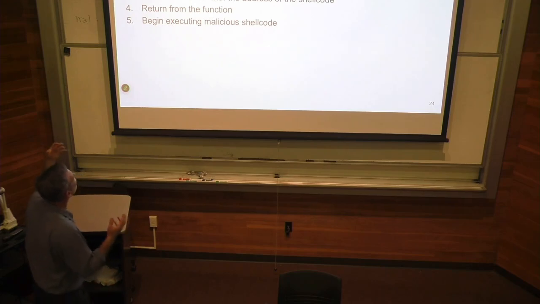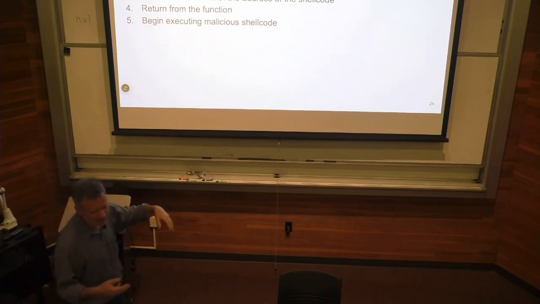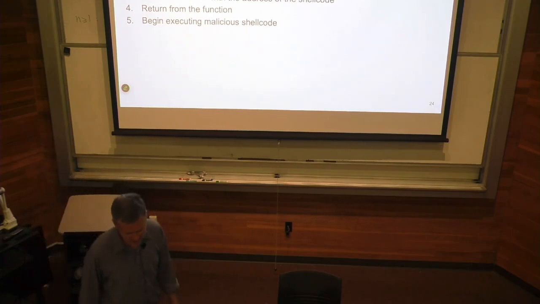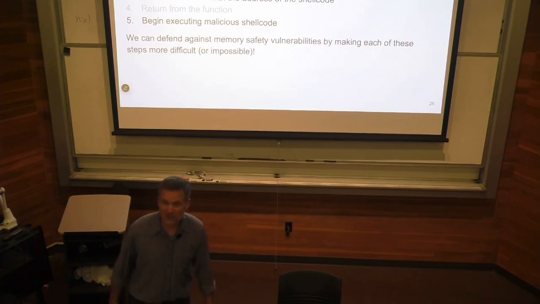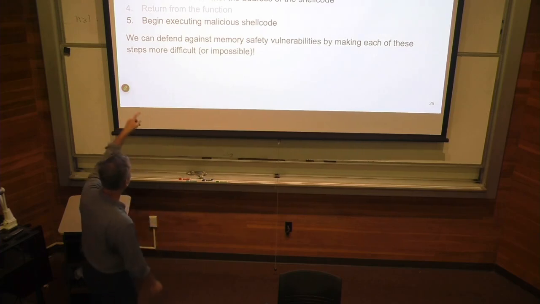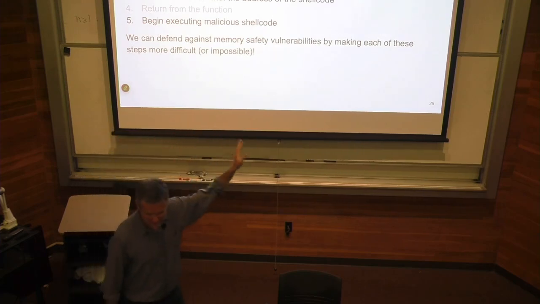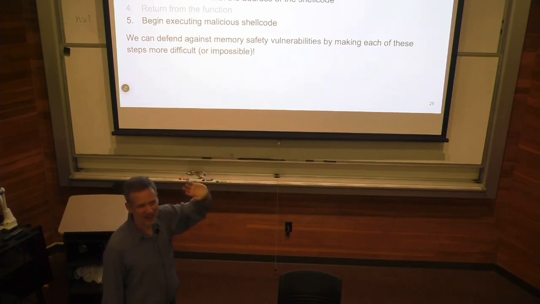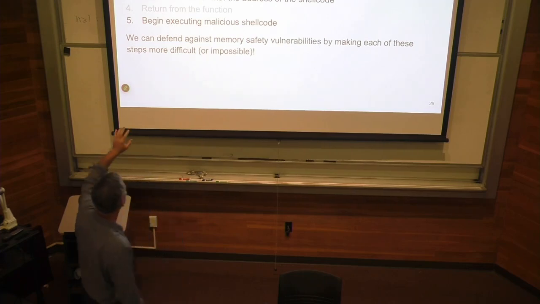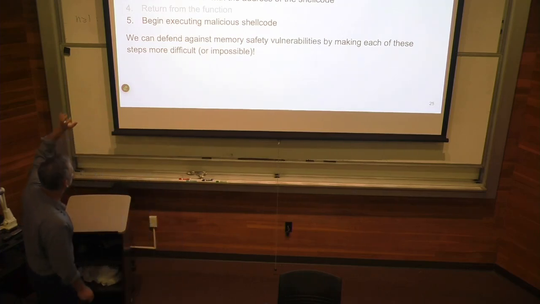You find a bug, you get shellcode in memory, overwrite the return address with the address of the shellcode, return from the vulnerable function, begin executing malicious shellcode. So to come up with a defense, the basic strategy is we pick one of these, and then we add something to our compiler so that that step will fail, hopefully. And I'm going to focus on mitigations that target steps 2, 3, and 5 above.